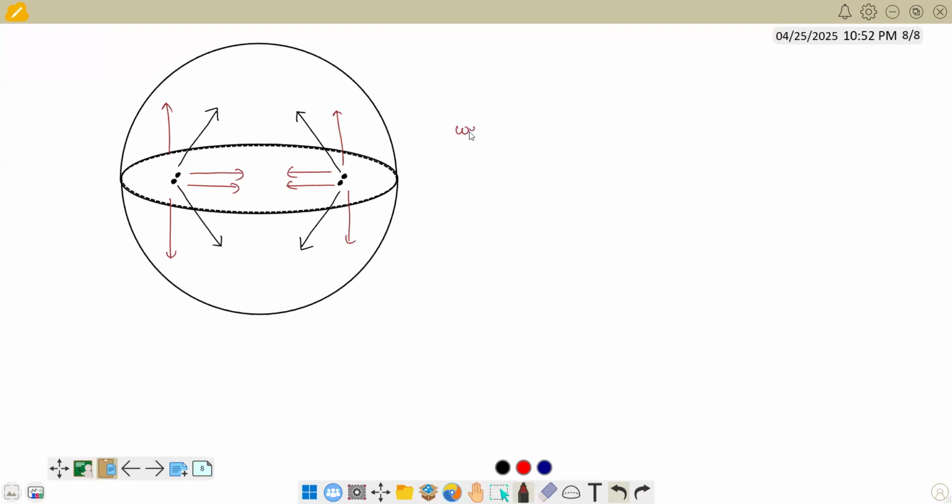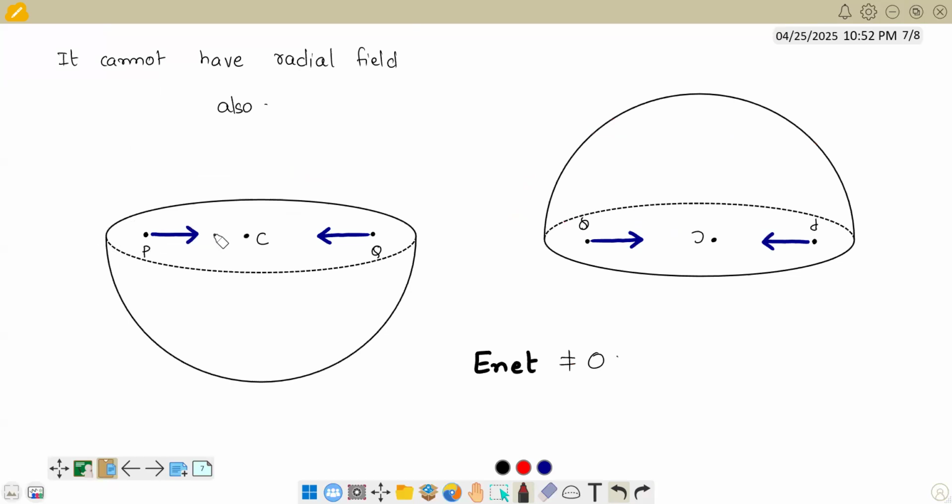So we are getting a net field, which is not possible. This is not possible. So what can we conclude? That means it cannot have any horizontal field on the plane.